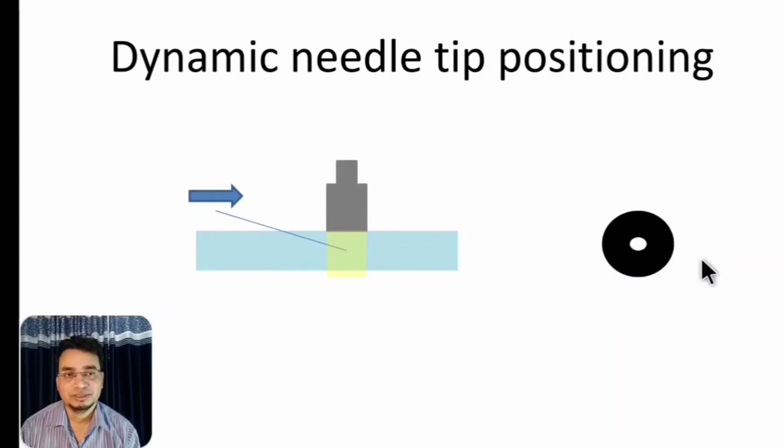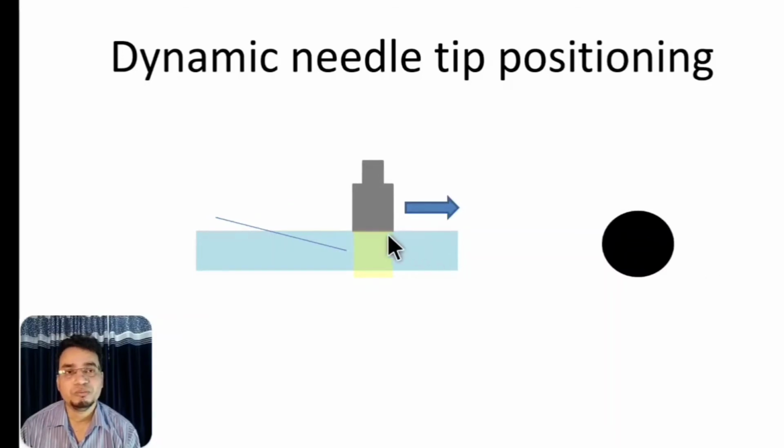Then again we move the probe forward by 2 to 3 millimeters in the direction of the course of the vein, so that the tip of the needle is again absent from the ultrasound view.